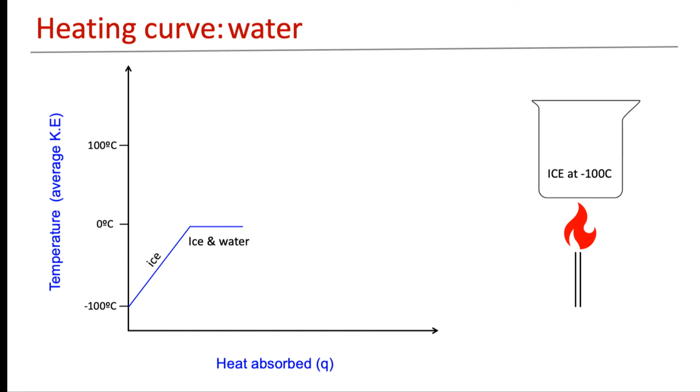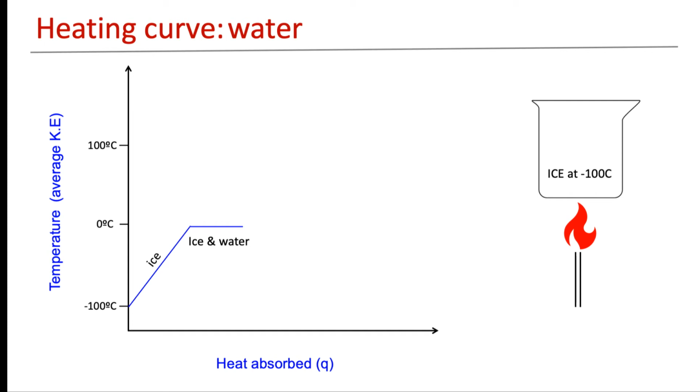So, what is happening to the heat that is absorbed by the system? The heat that is added is utilized to break the hydrogen bonds between the water molecules in the solid ice and convert them into liquid water. That is, the heat added results in the increase of potential energy, not the kinetic energy of the system.